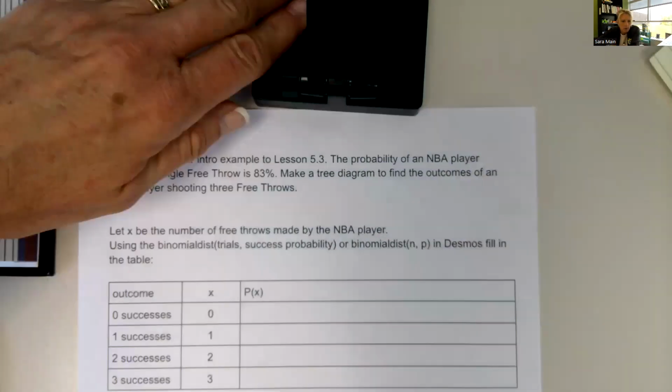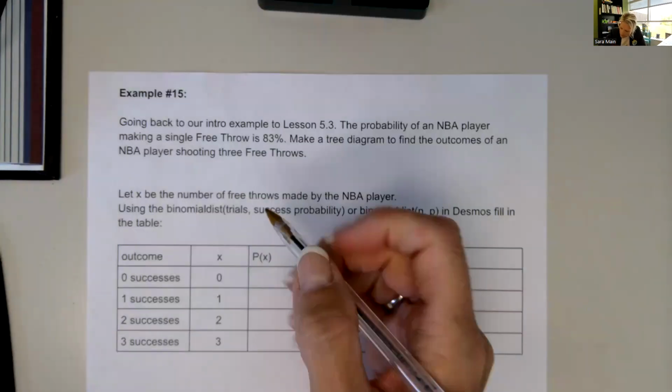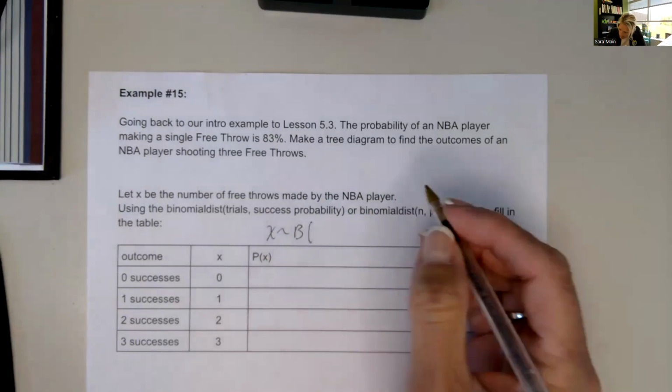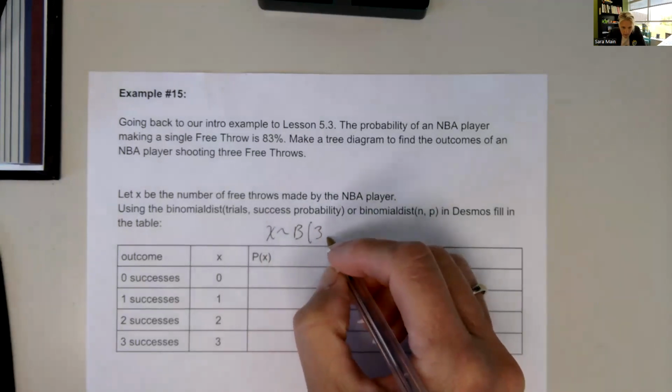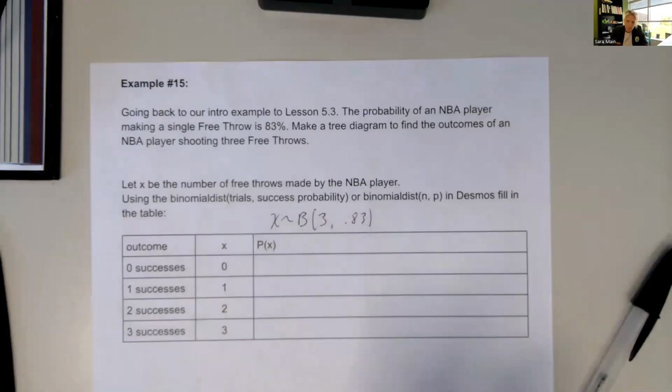Let X be the number of free throws made by the NBA player; use the binomial distribution in Desmos. So X is a binomial distribution, and we have 3 shots, N is 3, and his likelihood is 0.83.